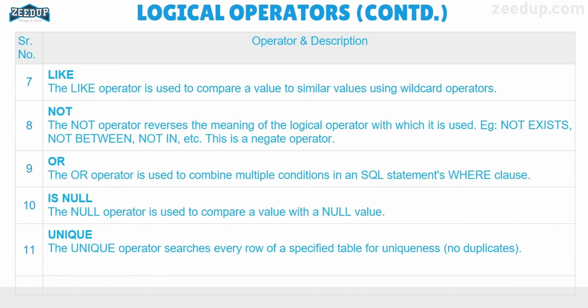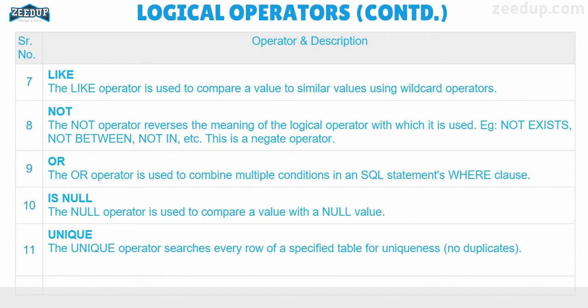The next set of logical operators we have, the first one is known as the like operator. The like operator is used with the wildcard operators. Now what are these wildcard operators? These wildcard operators help us in SQL to define a particular pattern. And on the basis of that particular pattern, we can extract the data from the tables or the values from the tables into our SQL.